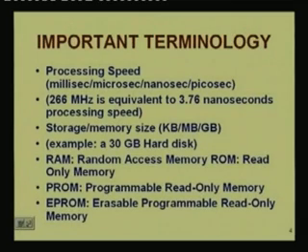Then the storage or the memory size such as the kilobyte, megabyte, gigabyte, for example a 30 GB hard disk. Then we have different types of memory such as the random access memory, the volatile memory which does not exist once the power goes off, and read only memory or ROM. The ROM is something which you can write once and then you cannot write anything anymore.